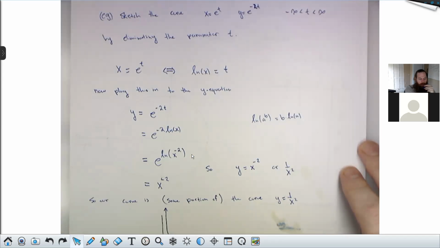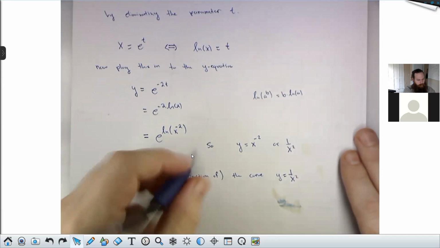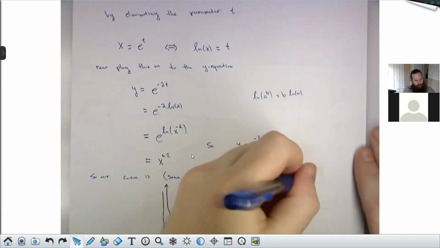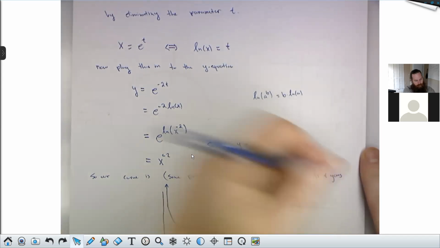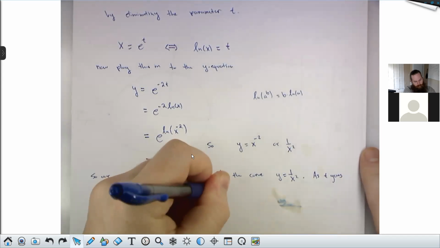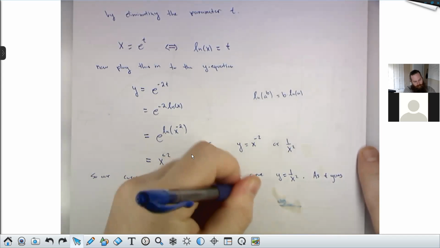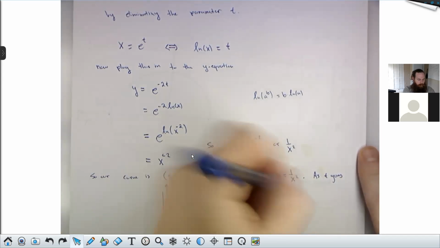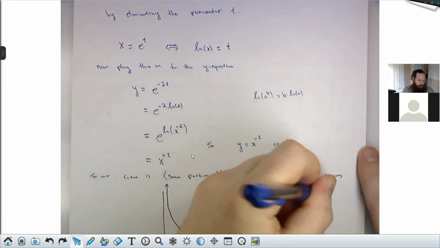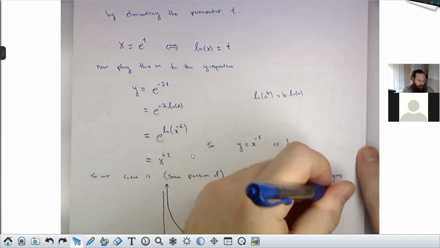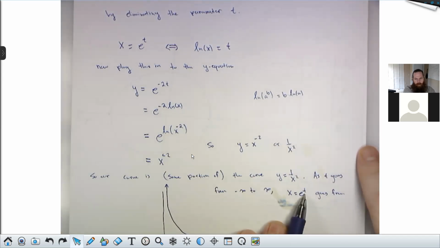It won't, right? As t goes to negative infinity, e to the t goes to 0.